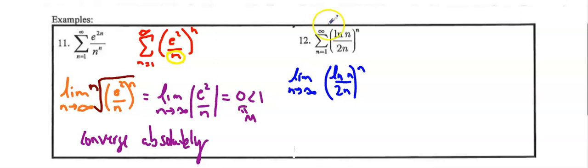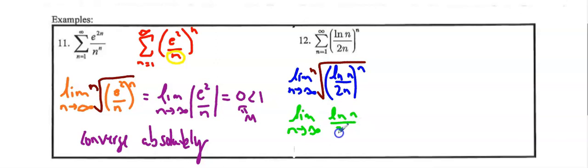Just like in the previous example, we take the nth root of this, and we're left with the limit as n approaches infinity of the natural log of n over 2n. Then we have to solve this limit, and this is a classical L'Hopital limit, because this is going to approach infinity, and this is going to approach infinity.